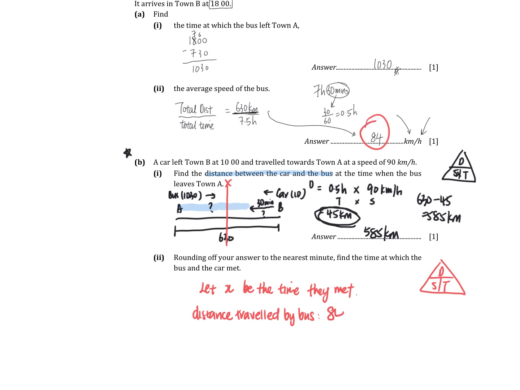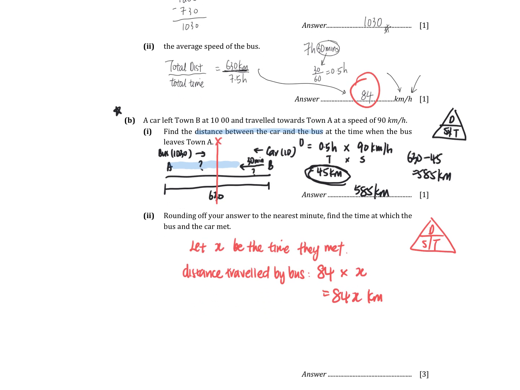So bus is 84 multiplied by x. So it's 84x kilometers. Next is the distance traveled by the car. So the speed of the car was 90. So 90 times x is 90x kilometers.